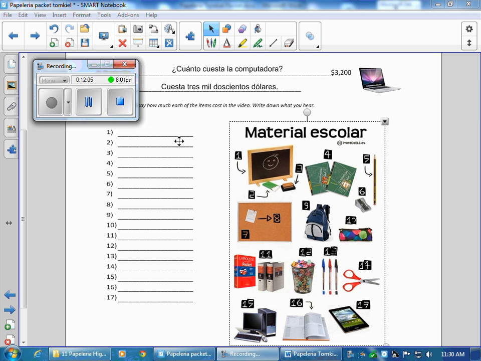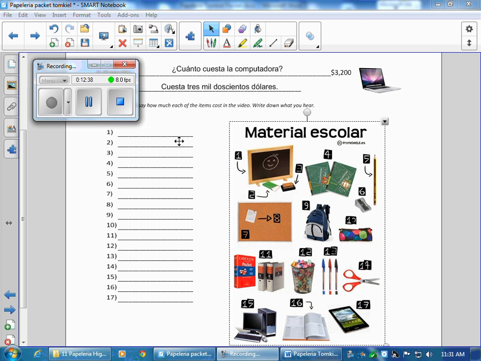Número 10. Cuesta $7. Número 11. Cuestan 89.99. Número 12. Cuesta $15. Número 13. Cuestan $4.